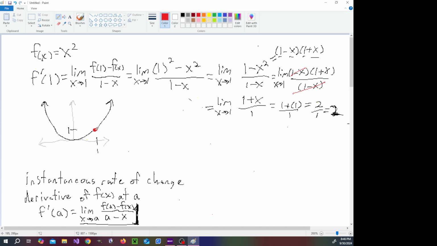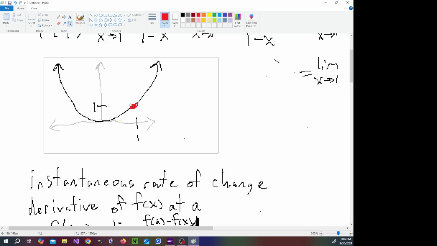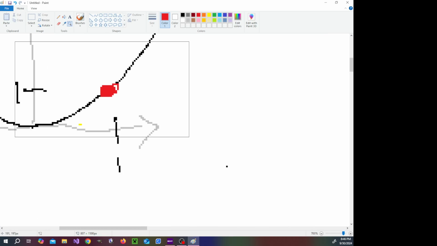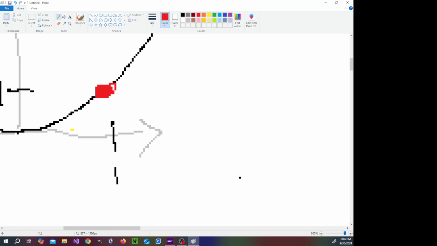At this value, our slope, if we zoomed in really, really close, that's as close as MS Paint will let me get, I guess, this almost can look like a flat line.